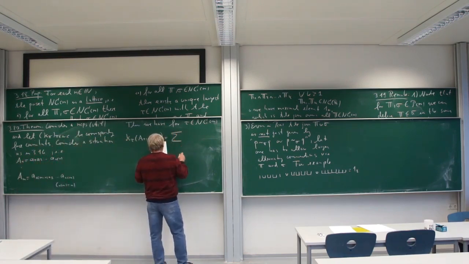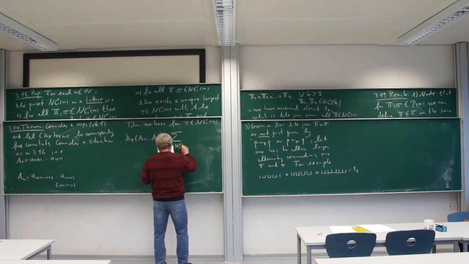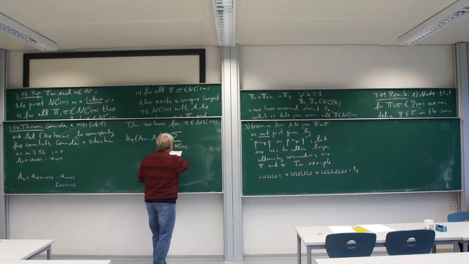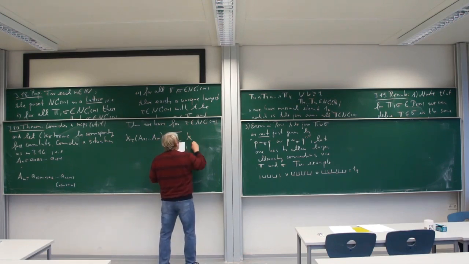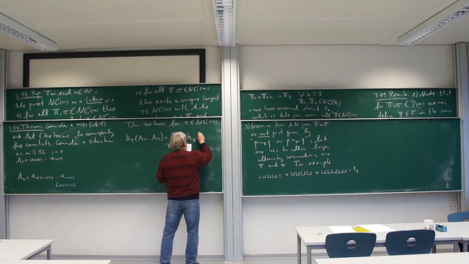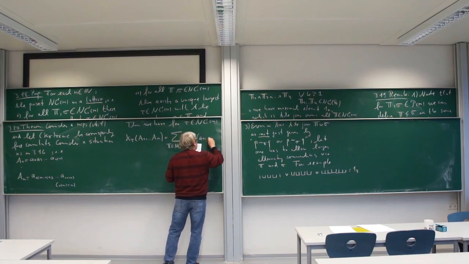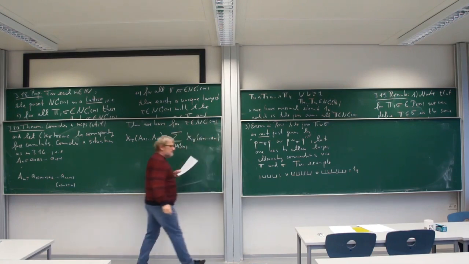So I'm summing over pi non-crossing partitions of n elements, not all of them, as we say in a minute, and I'm just taking here the kappa_pi of a_1 up to a_n.